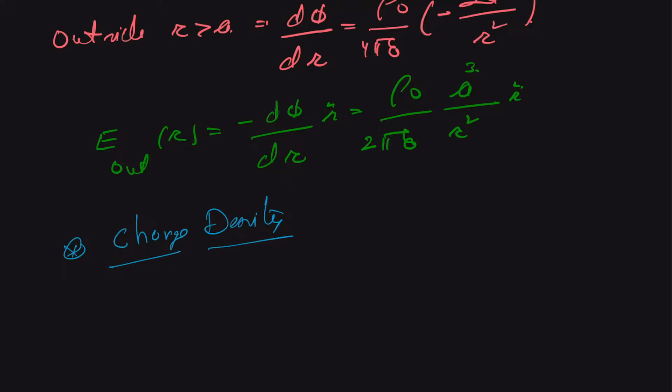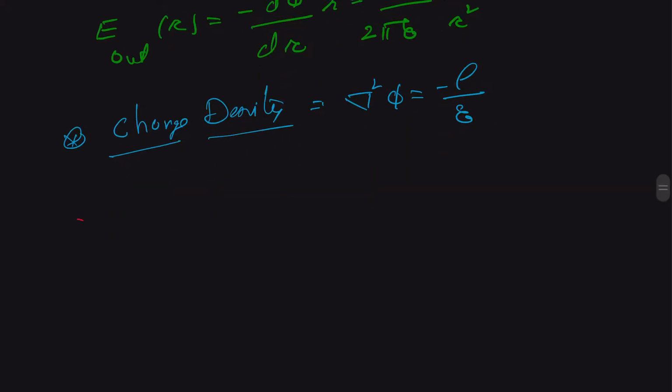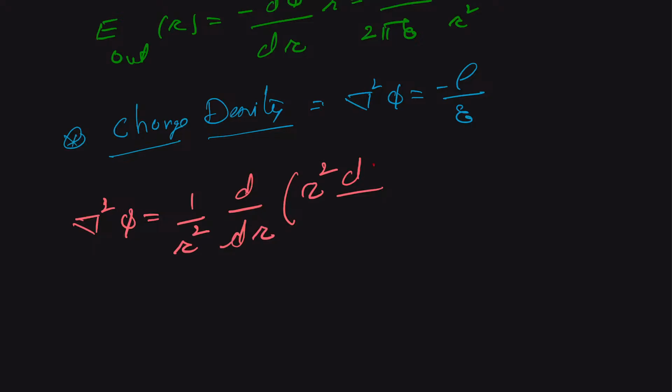Now for charge density, we can use the standard relationship, which is the square of potential equal to minus charge density upon epsilon naught, and this can be further written as 1 upon r square, d upon dr of r square times d potential with respect to distance.